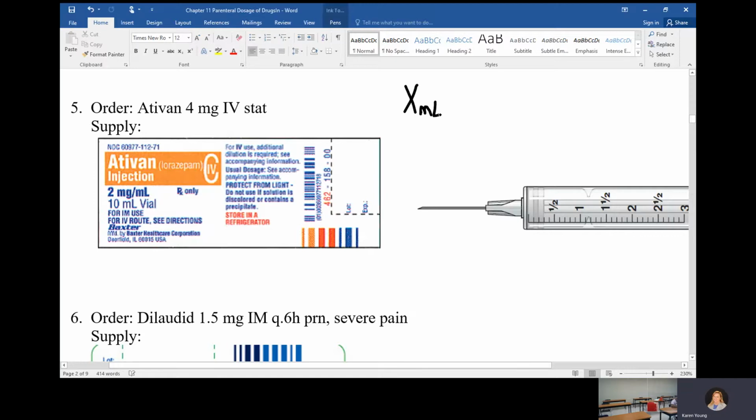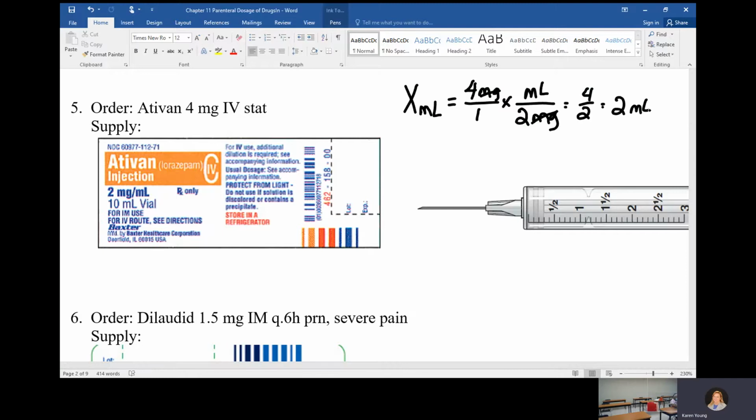Too many people want to do it in their head, and that's good, you need to do that eventually. But when you're doing it in your head right now, sometimes you're guessing. So 4 divided by 2 is 2 milliliters. Can I give it in the syringe that I've got? Yeah, because it shows up to 2.